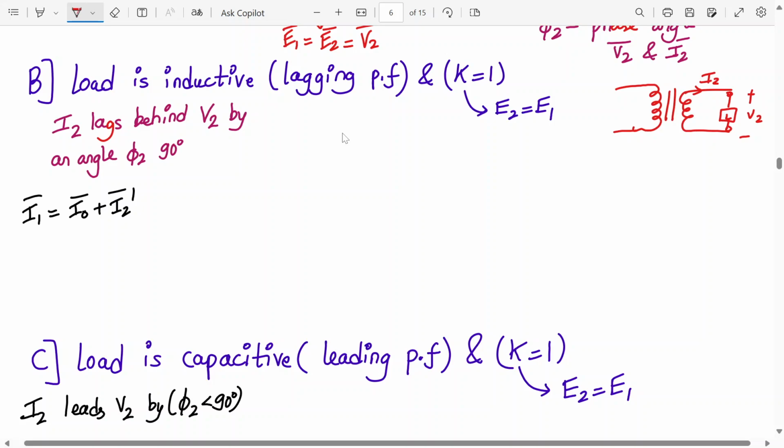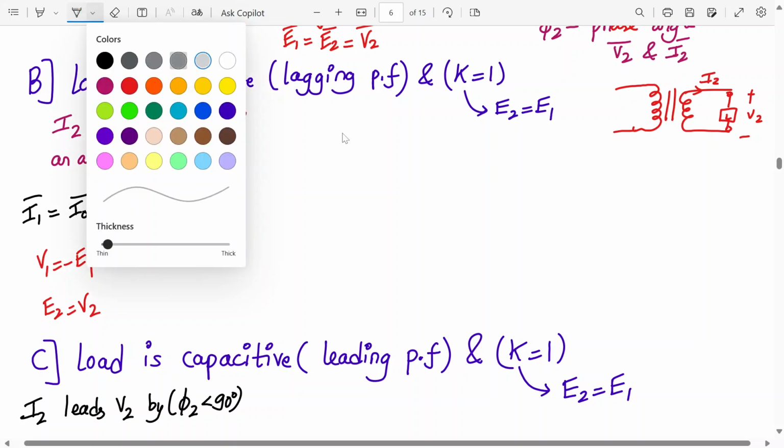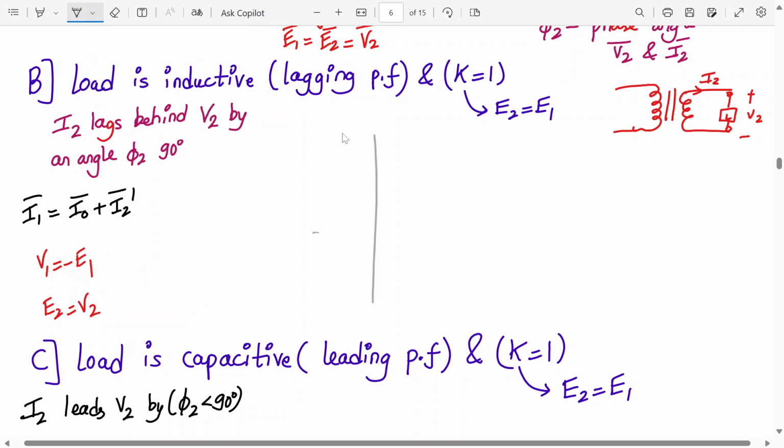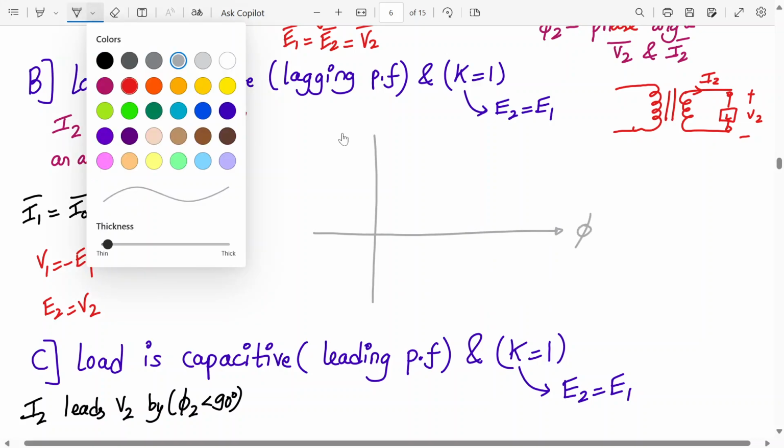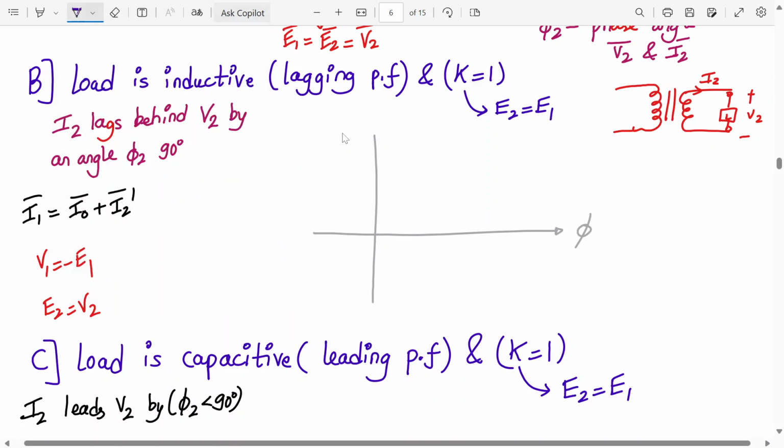Okay? E2 is equal to E1. What we can say is V1 is minus of E1 and E2 is the same as V2. These all things we know. So we'll start with the reference phasor over here. First we'll mark V1. So let's say this is V1 bar, and E1 below.